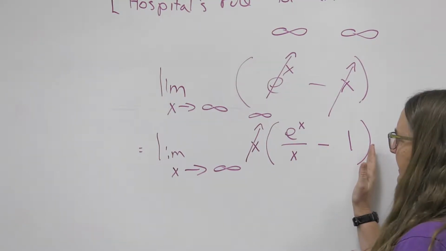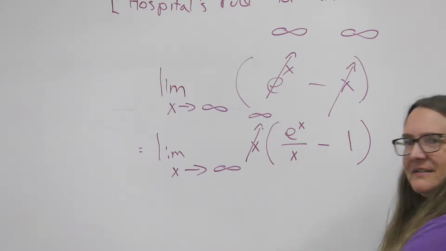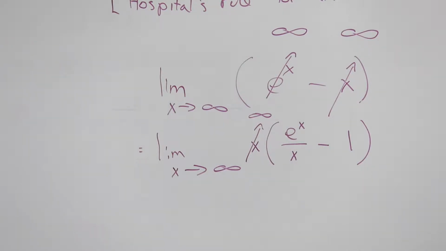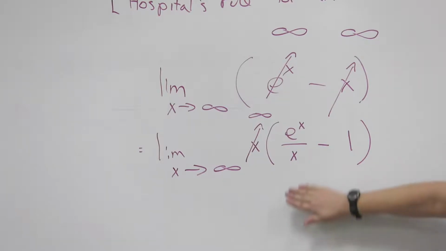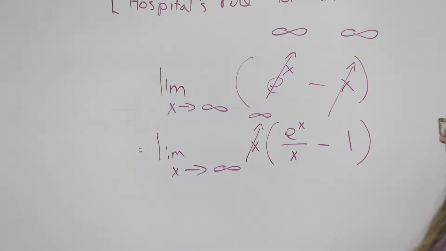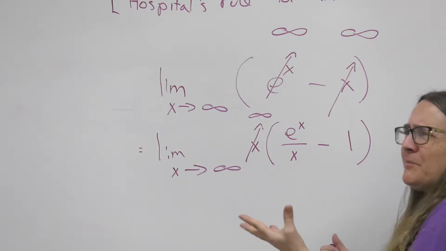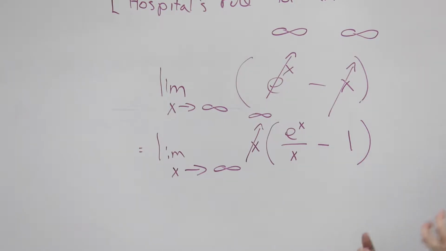It doesn't make sense to multiply infinity by a number. It doesn't make sense to multiply infinity by infinity, but I could do an informal analysis. If it ended up, it doesn't, but if it ended up that this limit was 2, what I'd have is a product of something that's big and positive multiplied by 2. Well, that would be big and positive, and my limit would be infinity. So I can sort of use common sense to put the pieces together.